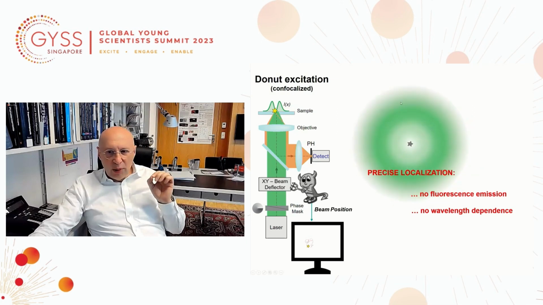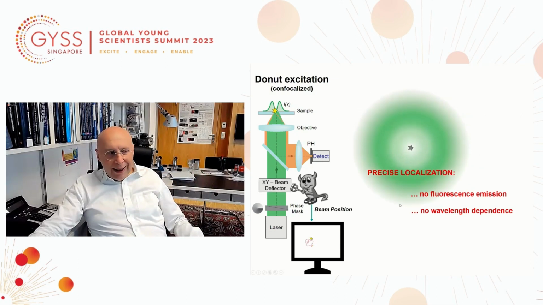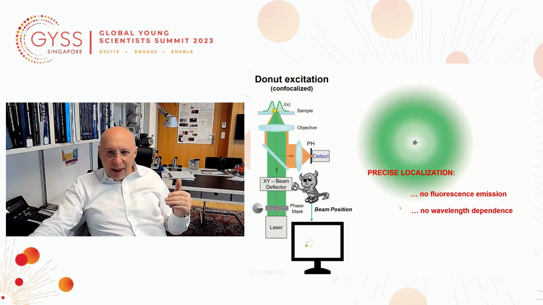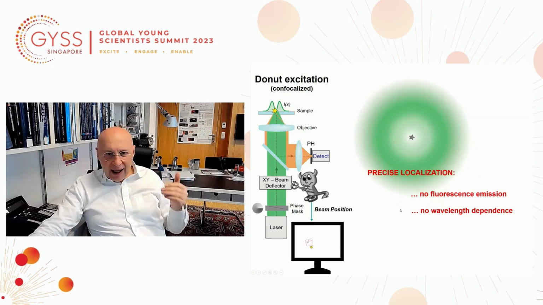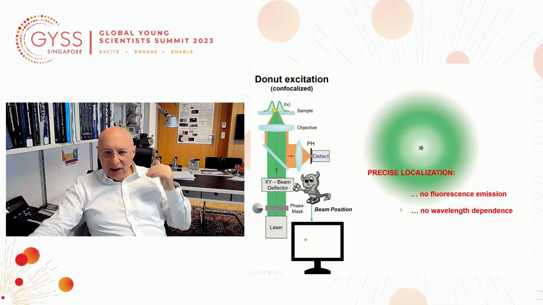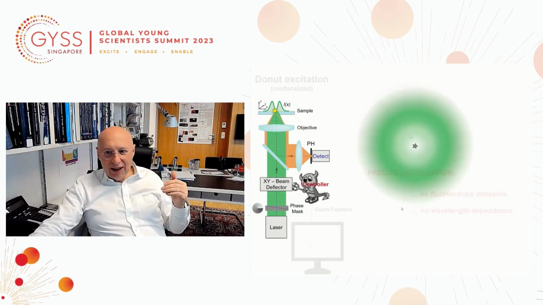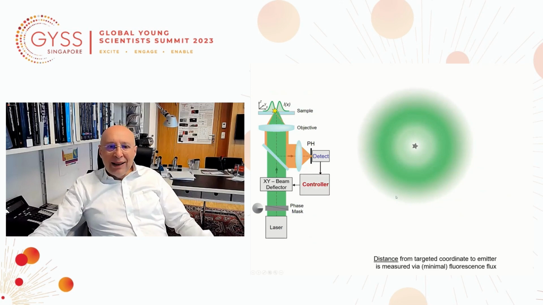If you match 2 points, the wavelength or the size of the donut doesn't really matter. It could be larger, could be smaller. So this is why the diffraction doesn't play any role. And this leads to a concept in microscopy that works entirely with focused light, yet there is no wavelength dependence, which is really striking.